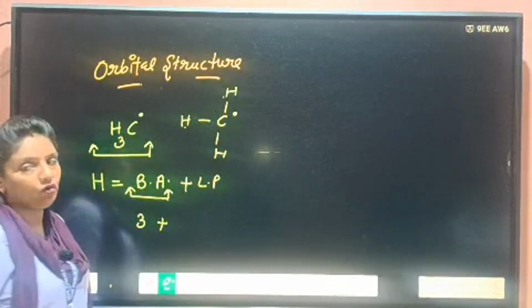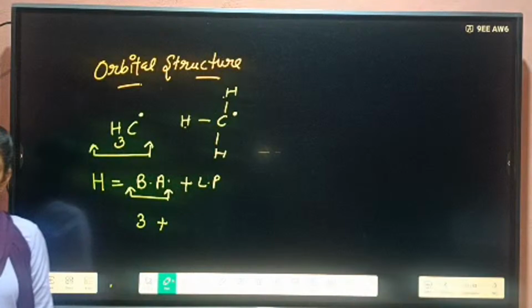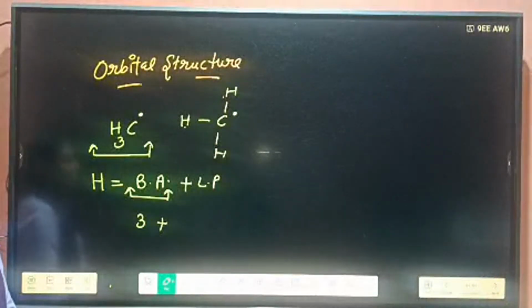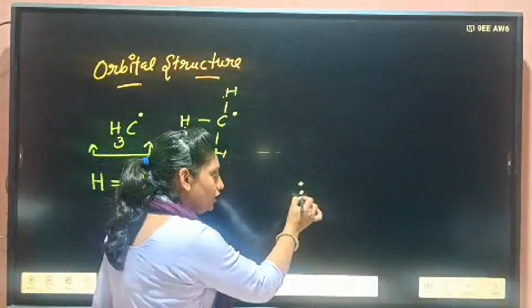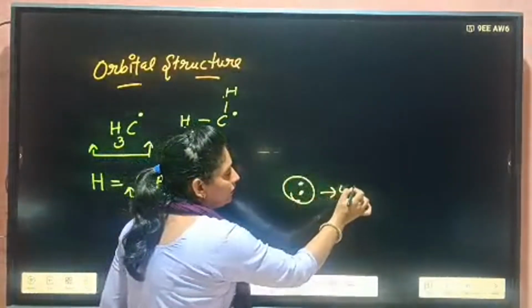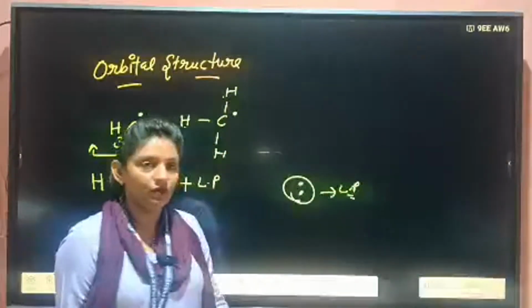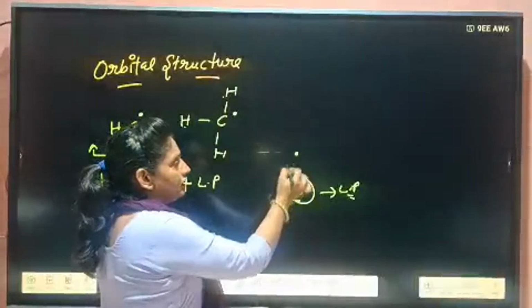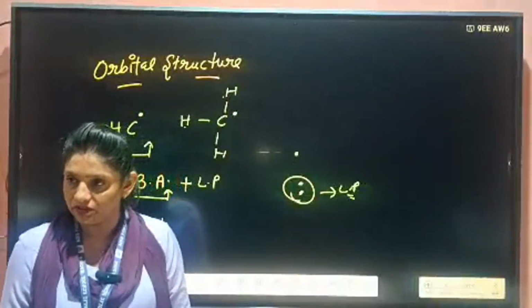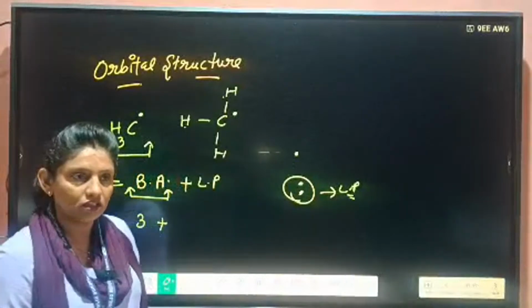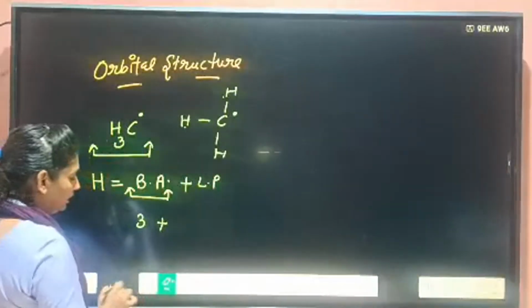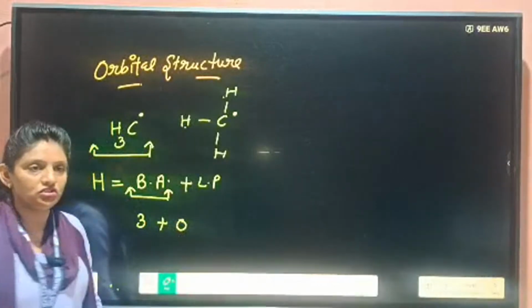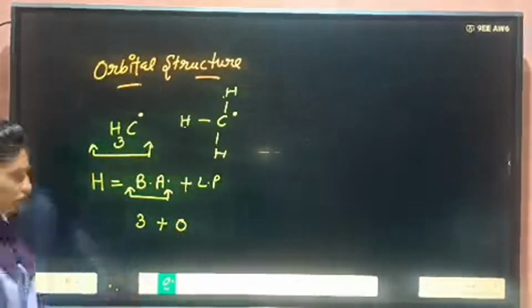Plus how many lone pairs? No lone pair here. A lone pair means one pair of non-bonded electrons, but here only one electron is present, not in a pair. So the lone pair is 0.